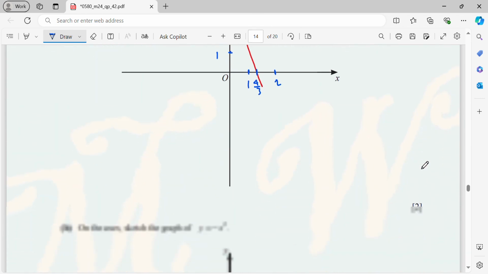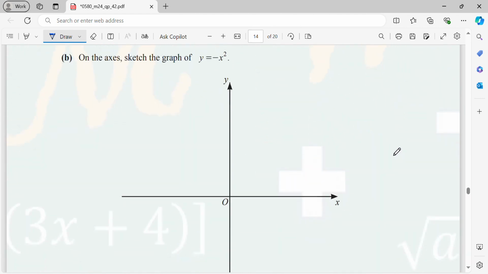Now, next part. On the axis, sketch y equals minus x squared. So minus x squared is basically this graph. No need to show any calculations. It passes through the origin.